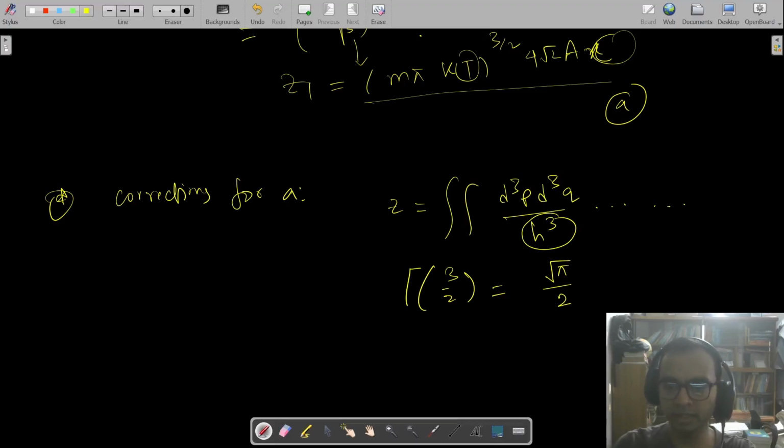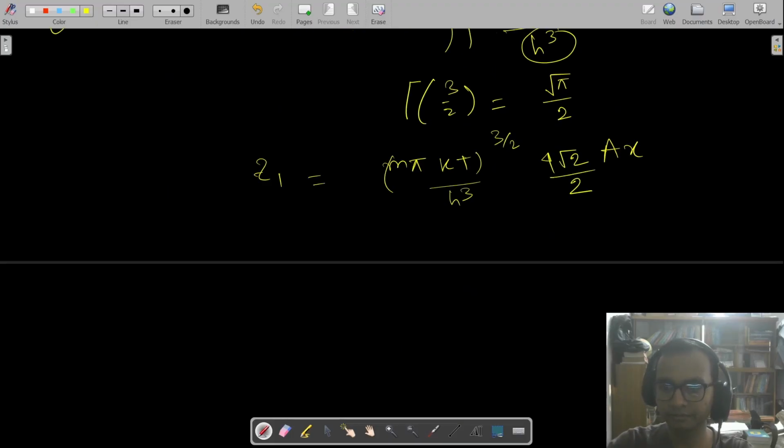So if we take these two things into consideration, then Z1 turns out to be (m pi t) to the power 3/2 divided by 2, and there should be an h cube. Right?